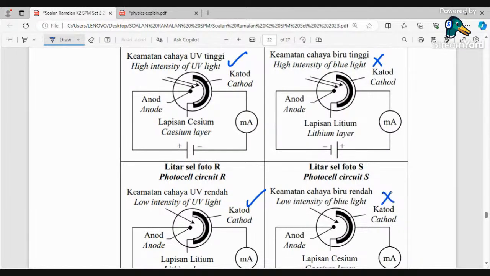Ini kita cancel. And then intensity of light mesti high. So ini pun intensity high. Ini low, kita reject. Okay, type of metal kita akan pilih calcium, not lithium.